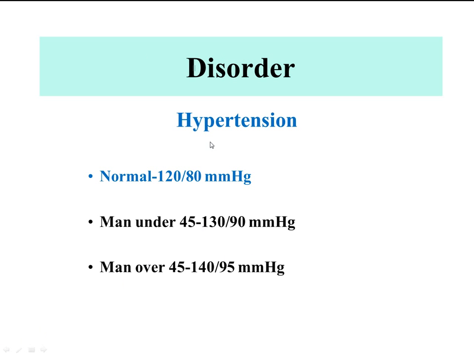Let's look at now hypotension. Low blood pressure, of course, would be lower numbers. Now, we're talking about low blood pressure being closer to the 90s here and closer to the 50s here. Okay?